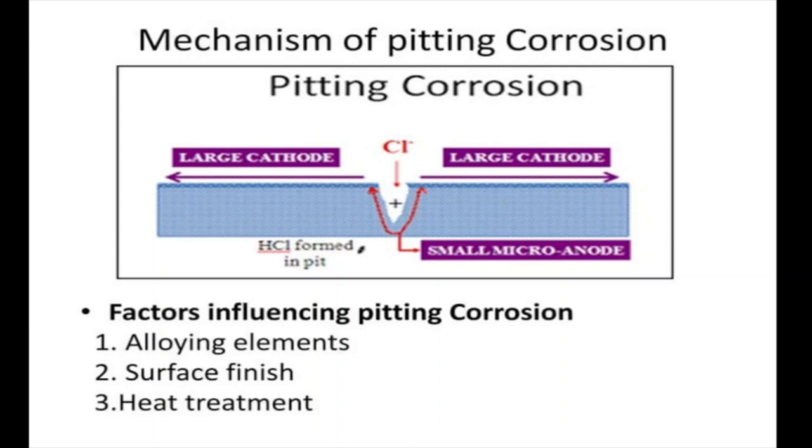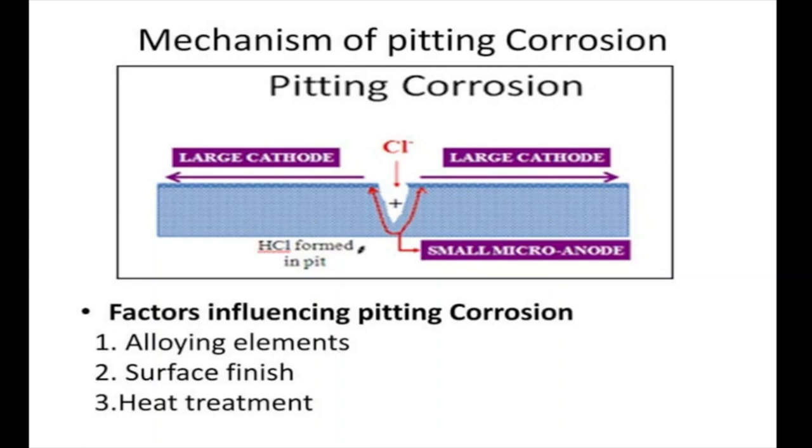Okay, so what exactly happened? At that moment, the small pit region behaves like an anode and the large open surface area behaves like a cathode. So there is a galvanic cell like thing, that is, the electrochemical reaction starts spontaneously.